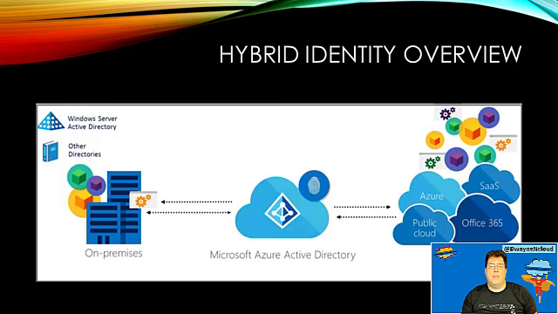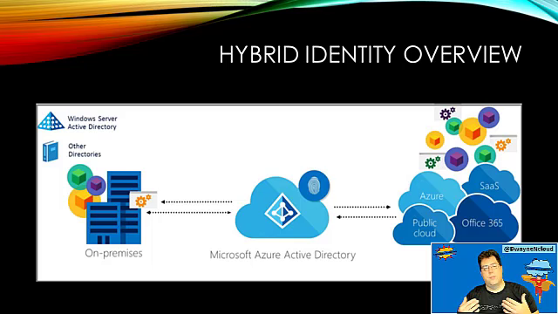And so with that, we have our hybrid identity. This is a quick overview: we have our on-premises environment, we have our Azure environment with Azure Active Directory, then we have all of our cloud services. Those could be Azure services, Office and Microsoft 365 services, other SaaS services like Salesforce.com, as well as public cloud services like Facebook or LinkedIn and things like that.